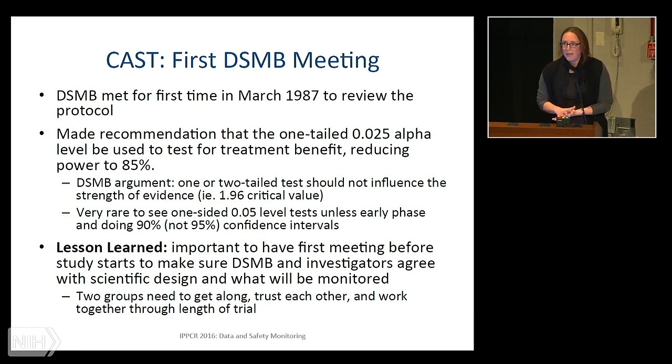Everyone needs to be on the same page scientifically, believe in the trial, believe in its validity from the start, and then be able to trust each other and get along through what could be potentially difficult times in terms of unexpected challenges that make this trial more difficult to complete than anticipated. So you really want that first meeting so everyone is on the same page about the roles and responsibilities and the science.